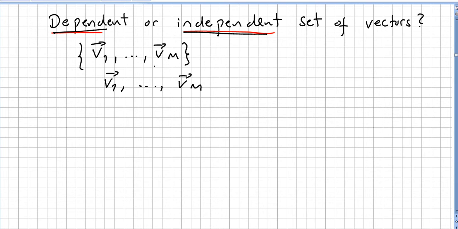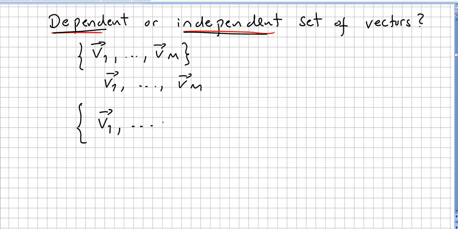Now, since this is linear algebra, we are presuming that these sets are finite. But of course, we can have a set with infinite vectors.